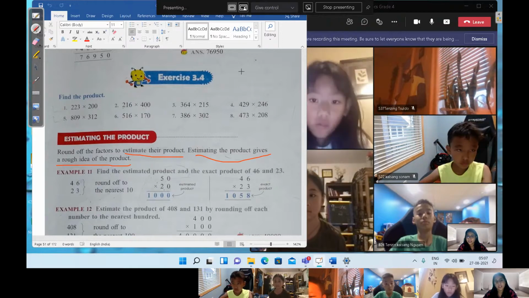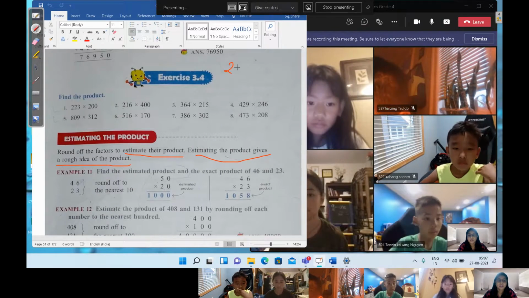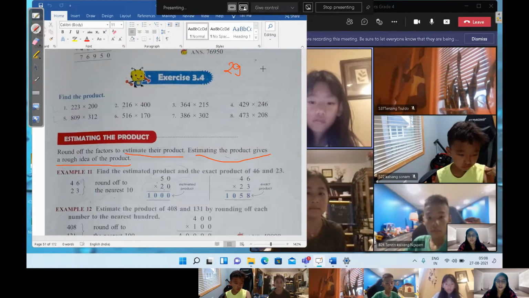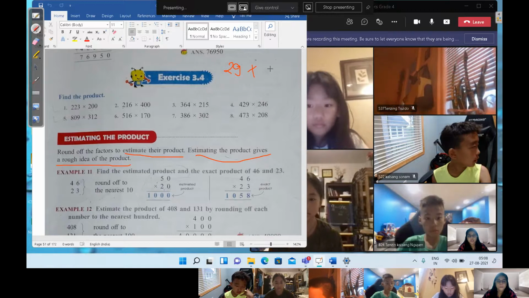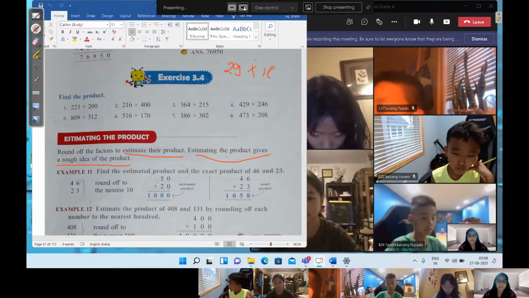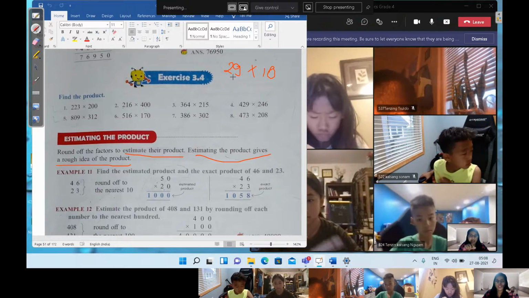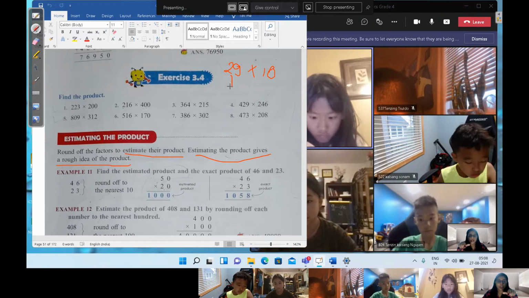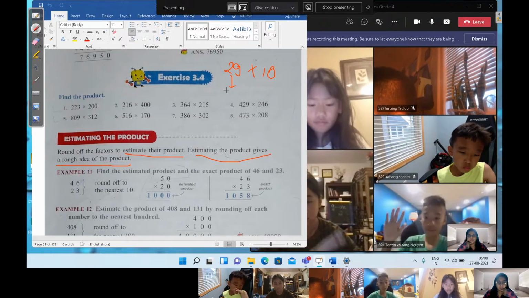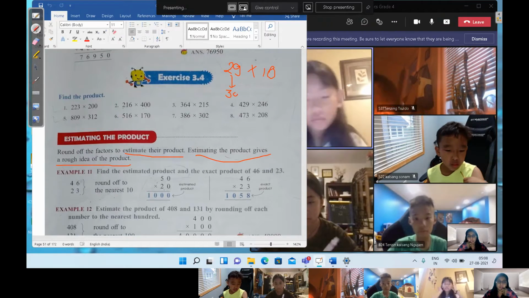It means if you have 29 books and you have 18 pencils, tell me the estimated values of these numbers in the tens place. The estimated value of 29 is 30.